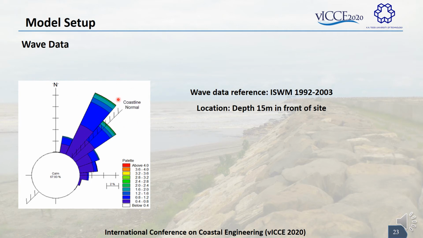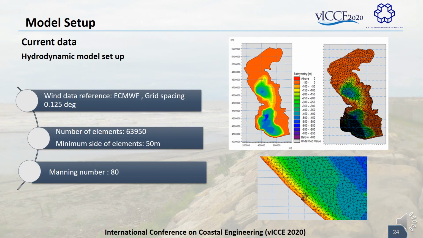Here you can see they came from the northwest. For current data, because we don't have any current measurements near the site, we must use a hydrodynamic model with the mentioned initial boundary conditions. The wind data reference was ECMWF, and these are the properties of two-dimensional modeling.